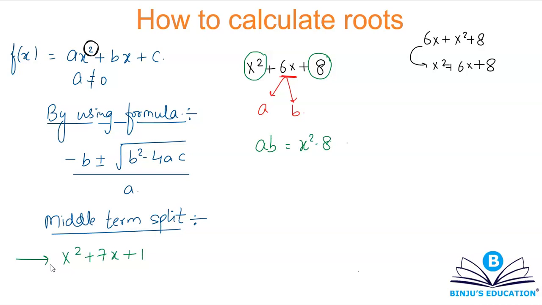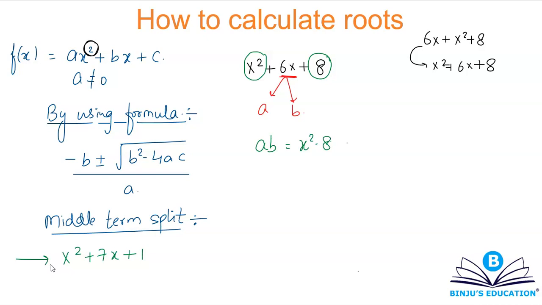In the example that we have taken, which is x square plus 6x plus 8, you can do middle term splitting. Once you start practicing questions, slowly and gradually you'll catch up in which question we can do middle term splitting or not. But as far as the formula is concerned, you can use formula for any of the questions.